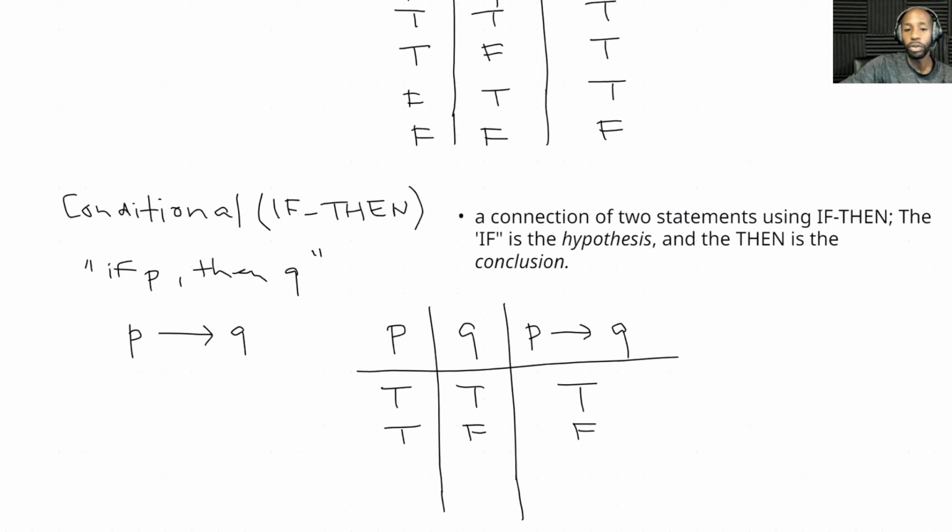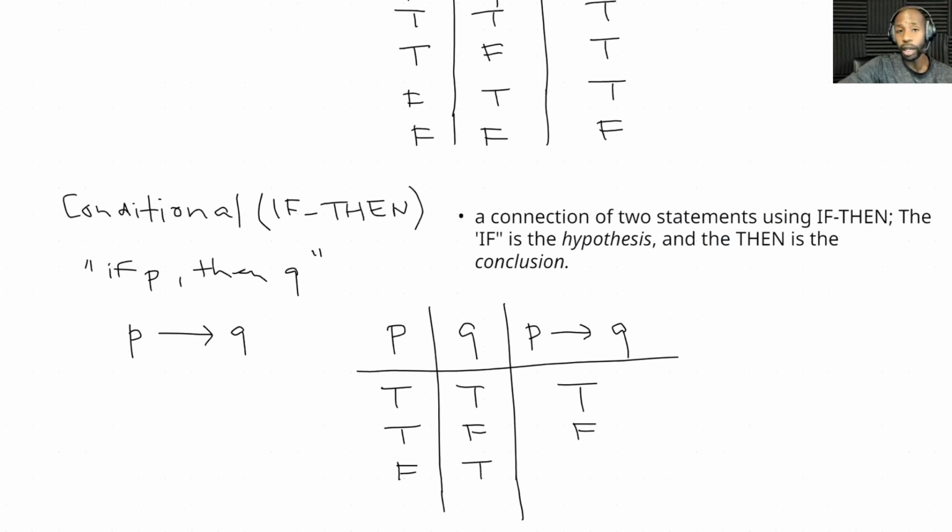Now, what about if P is false and Q is true? All right, so if this happens, then this happens. Now, what if this does not happen? So in other words, P is not true. If P is not true, then is it okay for Q to be true?